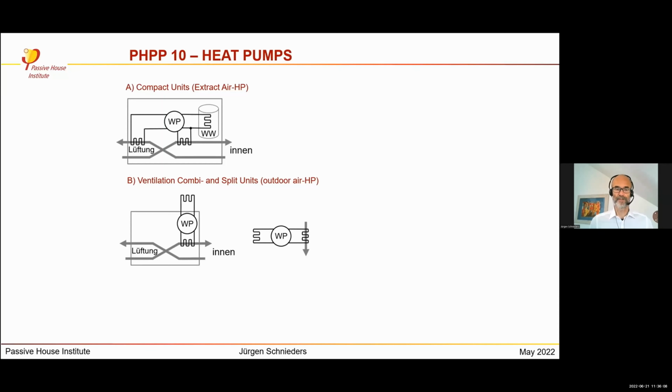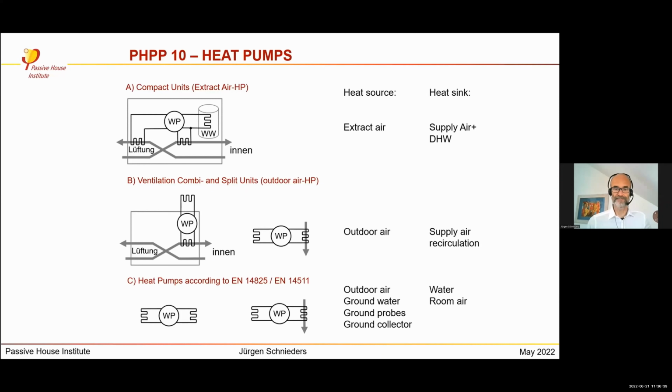There are a number of manufacturers in China, and these systems have already been certified and are available to be chosen in the PHPP. And of course, there are the split systems, so mini splits, multi splits, VRVs, that can also be modeled here, and we can now enter more detailed data together with the other components in the components worksheets.